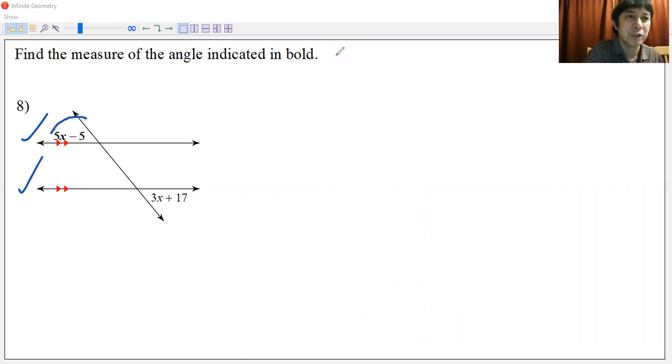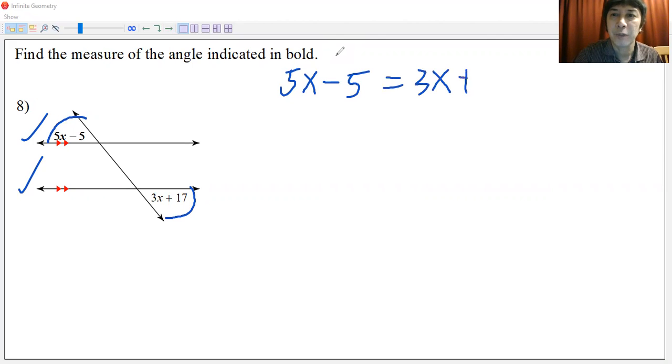So this must be an exterior angle, and this is another exterior angle on opposite sides of the transversal. And so they're congruent when the transversal is intersecting parallel lines. So we have the equation 5x minus 5 equals 3x plus 17.